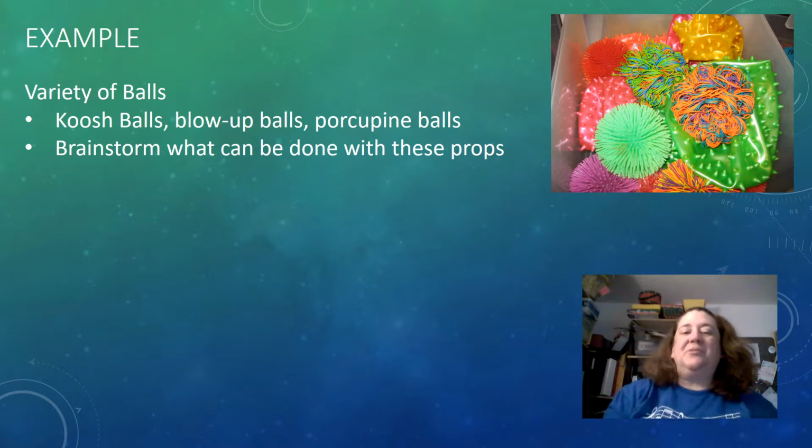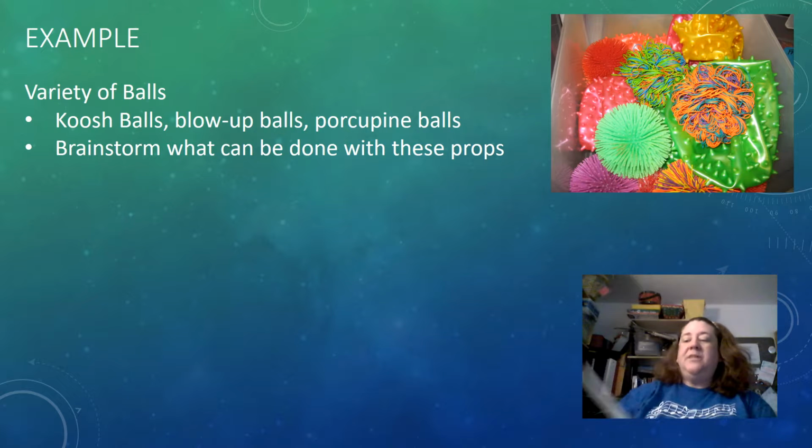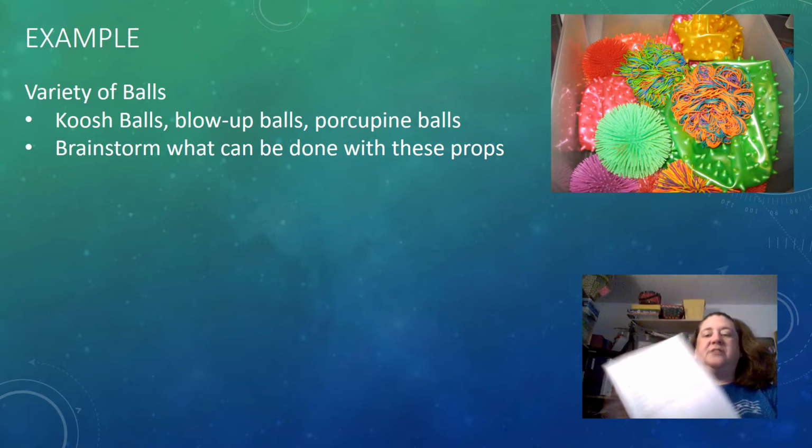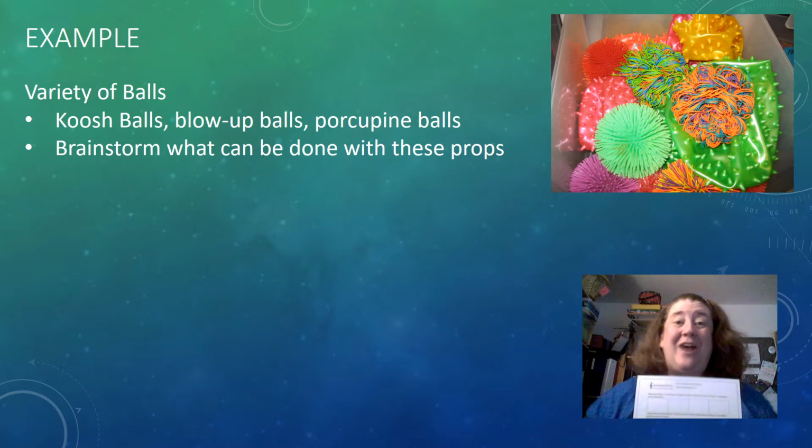And then I'm going to start to brainstorm what I can do with these props. And this is going to be something that isn't necessarily going to make it onto my strategy sheet, but it's going to be really important. The next step is I'm going to take this strategy sheet and write down the goals that each one of my clients has, because that is what I need to do to shape this into a strategy.